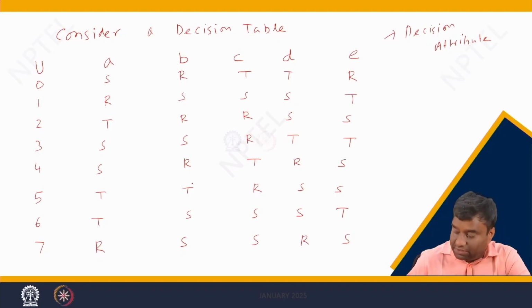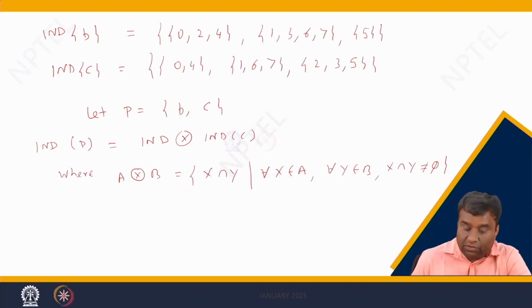So you can say the equivalence classes of the indiscernibility relation for B are {0, 2, 4}, {1, 3, 6, 7}, and {5}. Similarly, for the indiscernibility relation for attribute C, the classes are {0, 4, 1, 6, 7} and another equivalence class {2, 3, 5}. So let P be an attribute set which contains B and C.